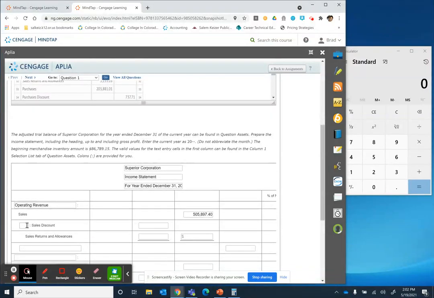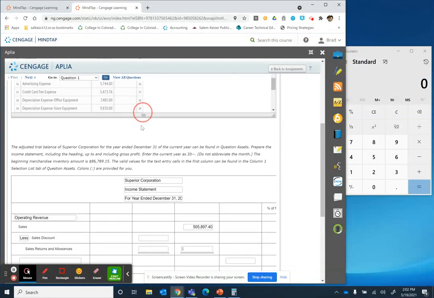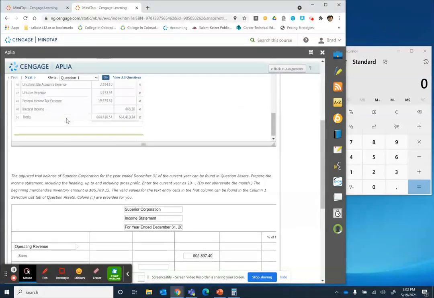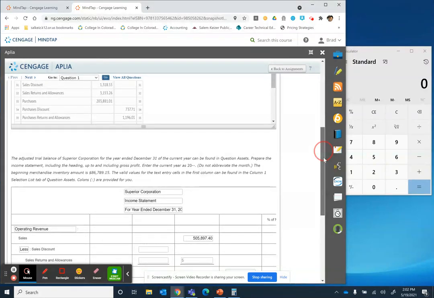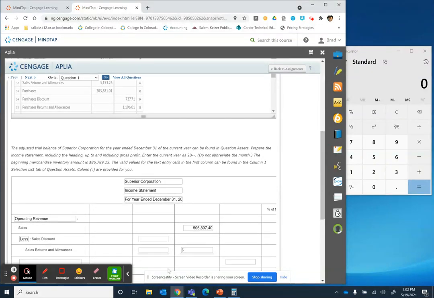Next up, we are going to subtract from our sales our sales discount. So we'll record less right there, and we're going to find our sales discount. Our sales discount is going to be $1,318.55.